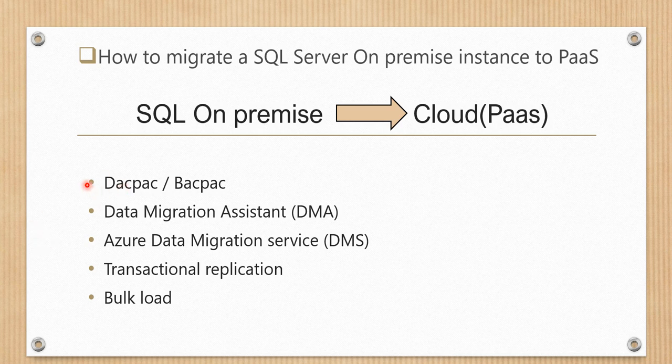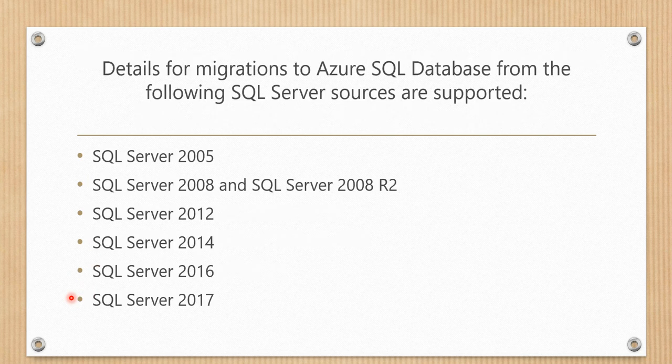Using BACPAC. BACPAC is for schema only, or schema along with data. Here we also use the data migration tool and Azure Database Migration Service. This is available on the Azure site. These three are for Single DB, and next, transactional replication and bulk load are for Managed Instance. The versions supported are 2005, 8, 12, 14, 16 and 17.